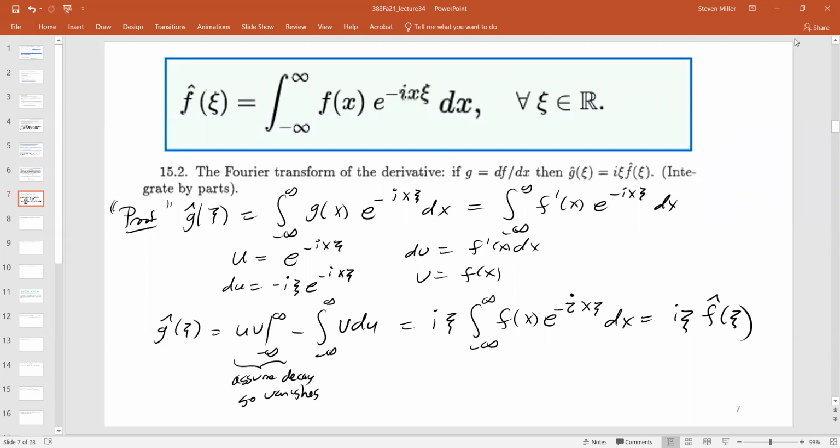And of course, if we were then to do the Fourier transform again, what should the Fourier transform of multiplication become? What would you guess? So if the Fourier transform of differentiation becomes multiplication, would you think maybe the Fourier transform of multiplication becomes differentiation?